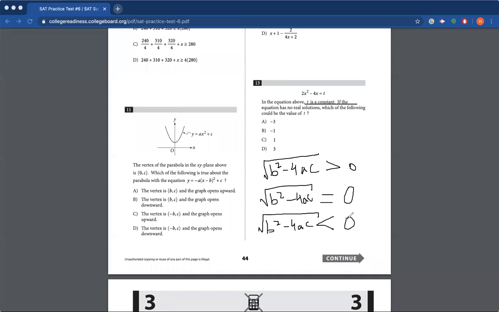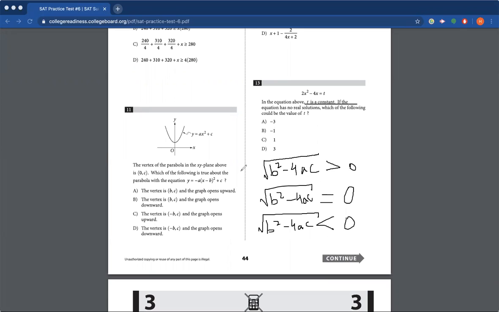Okay, now let's see. So in this case, our discriminant looks familiar. If people don't really know what the discriminant is, you should know what the quadratic formula is, and this is in the quadratic formula. So you should remember this: negative b plus or minus square root of b squared minus 4ac, divided by 2a.